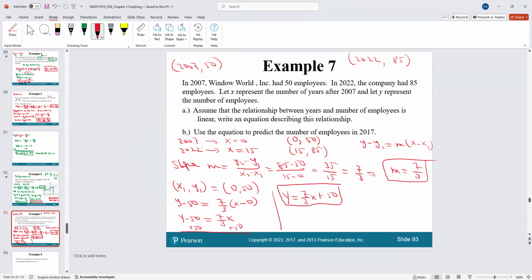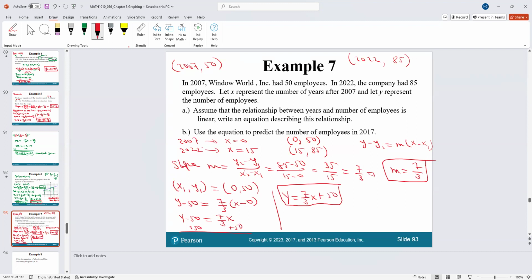Now, what do they ask you? They said, assume that the relationship between years and number of employees is linear. Write an equation describing this relationship. So we use the equation y equals 7 over 3x plus 50 to predict the number of employees for any year.